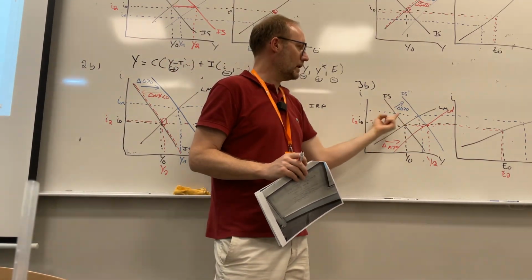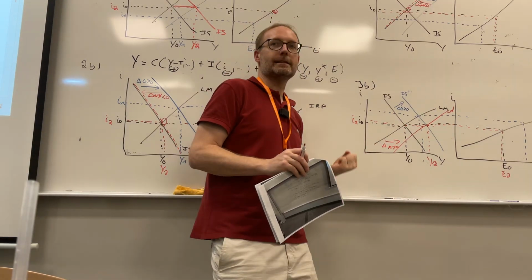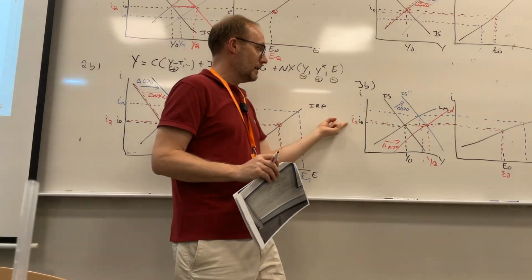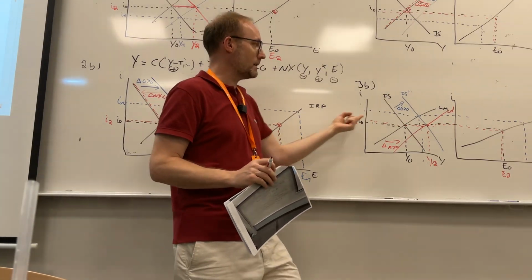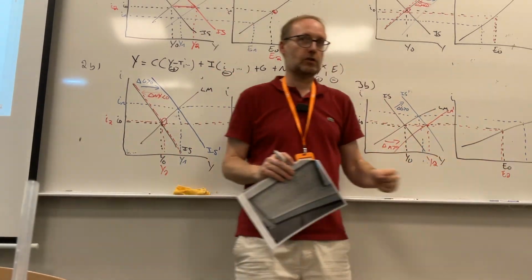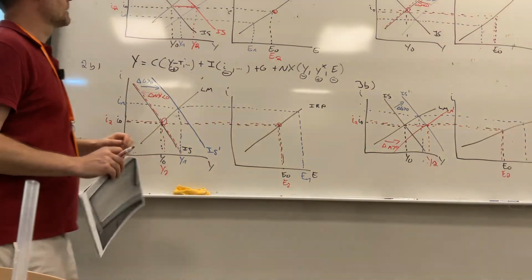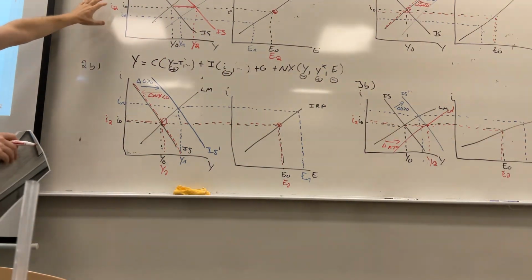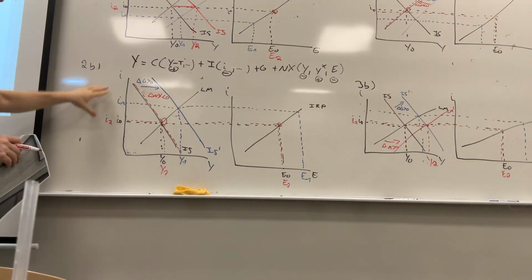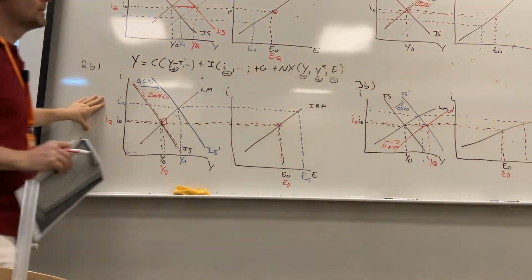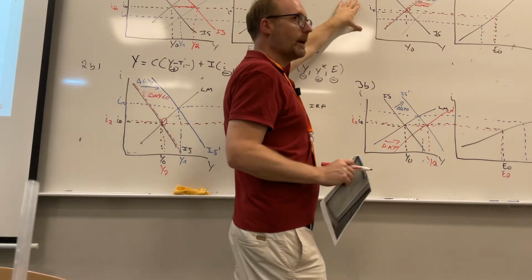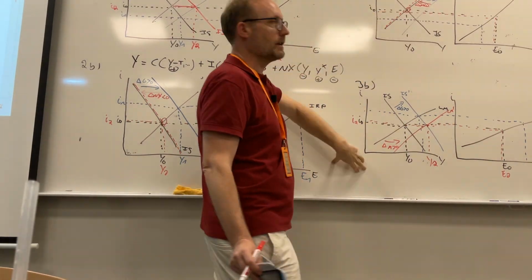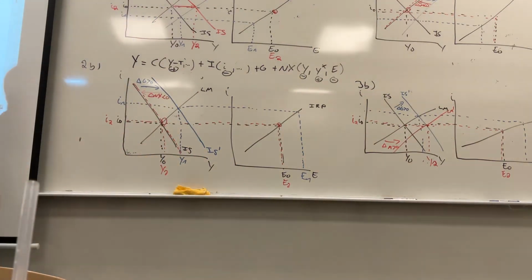The increase in G is followed by an instant increase in M to maintain the same interest rate, so that we can maintain that fixed exchange rate. So under flexible exchange rates, monetary policy is powerful, fiscal policy less so. Under fixed exchange rates, monetary policy disappears as an independent policy, but now fiscal policy becomes very strong.